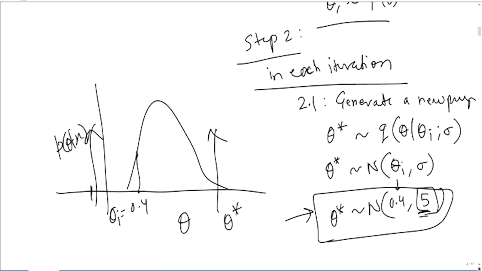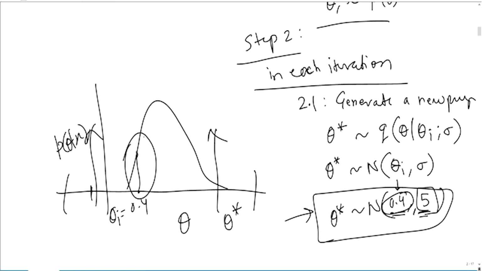When the standard deviation is too large, you are randomly drawing samples in the parameter space, and you are not making any use of the information that you already have. What information do you already have? That the current state of the chain, the sample theta equals 0.4, exists in a relatively good posterior density region. So let's say theta exists somewhere here.